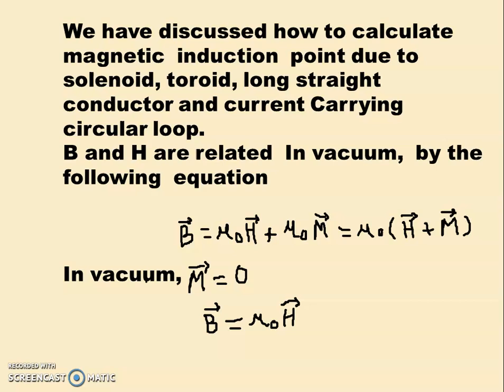B and H are related in vacuum by the following equation: vector B is equal to mu 0 vector H plus mu 0 vector M, which is equal to mu 0 times bracket vector H plus vector M. In vacuum, we know that vector M is equal to 0, and vector B is therefore equal to mu 0 into vector H.